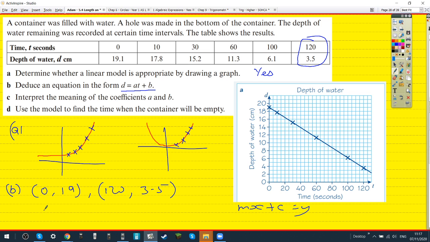So it will be 0m plus c equals 19.1. And the other one would be 120m plus c equals 3.5. Maybe put it into the calculator.